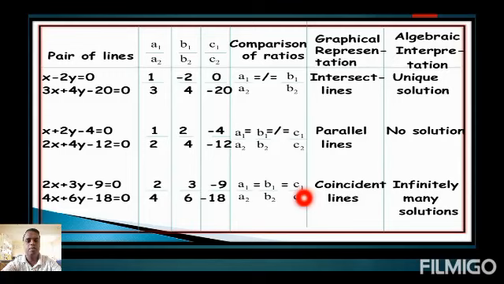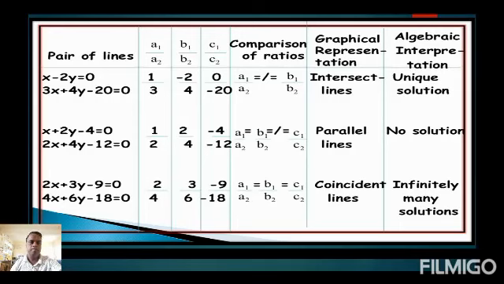Then it is called coincident lines. If all the ratios are equal, proportional, then it is coincident lines, which has infinitely many solutions. So these are the three graphical representations of the lines.